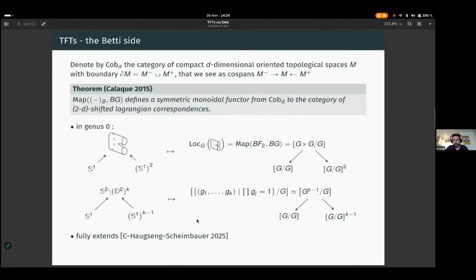So I have k elements in G with product equal to 1. And then take projections to the k minus 1 first and then to the last one here. All right, so that's for the Betti side.